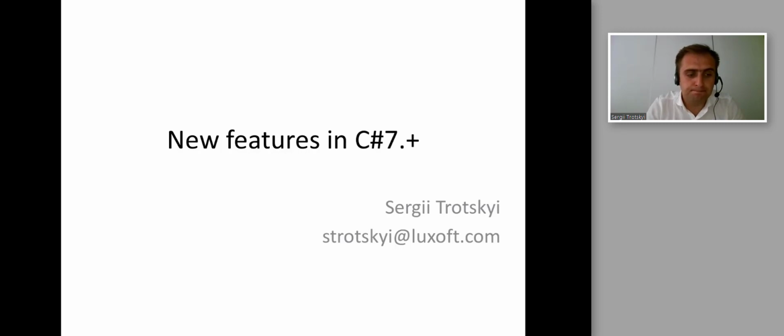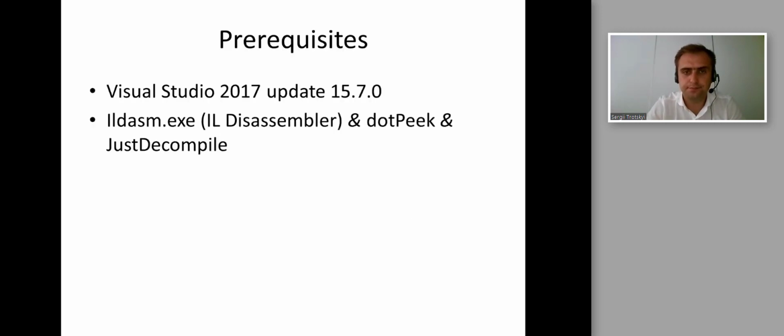Today, I would like to speak a bit about the new features that were introduced in C#7+. And by 7+, I mean 7.1, 7.2, and 7.0. Regarding the prerequisites, in order to make this presentation, I used the latest Visual Studio with the latest update and different disassemblers, just to check how each feature was implemented and how the compilers work.